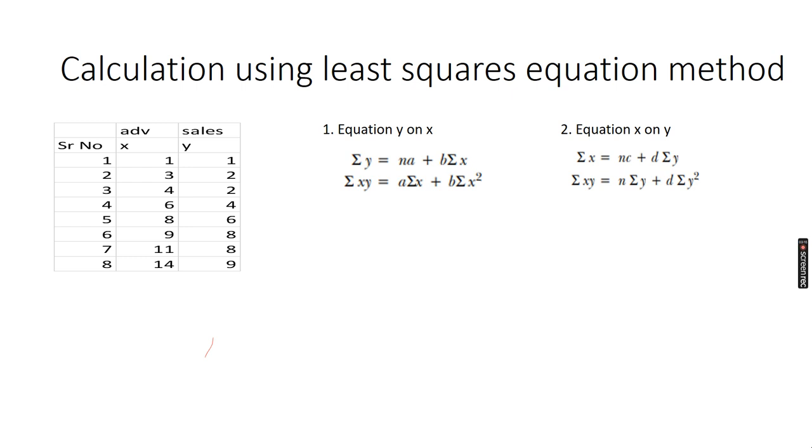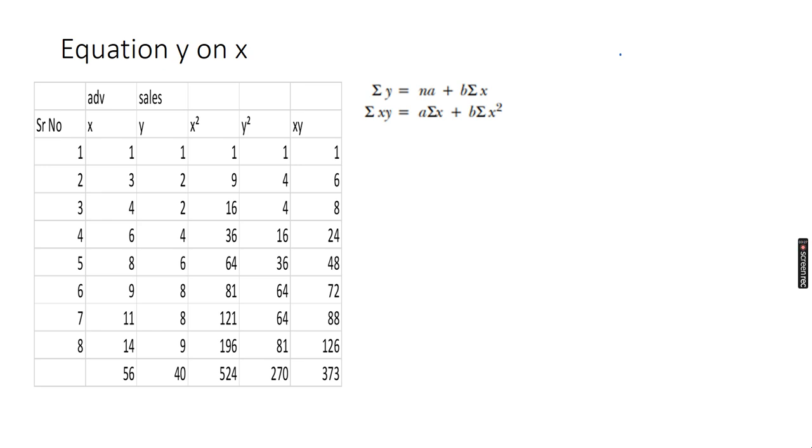Now, we need some values of x, x square, summation x square, summation y square, and summation xy. So I have calculated these values for you in the table. If you notice, x, when you take a square of that, it would be x square. So 1 square is 1, 3 square is 9. If you notice this, 4 square is 16.